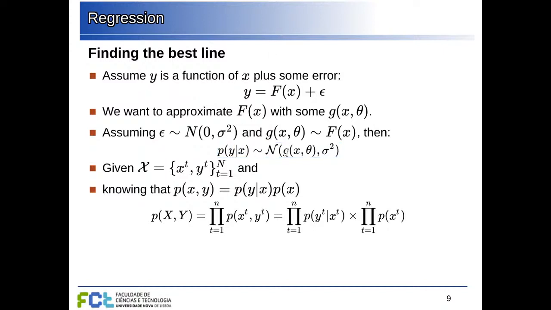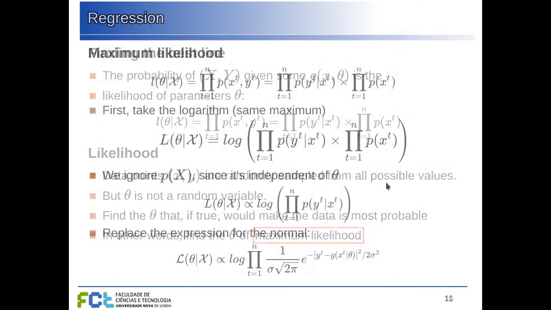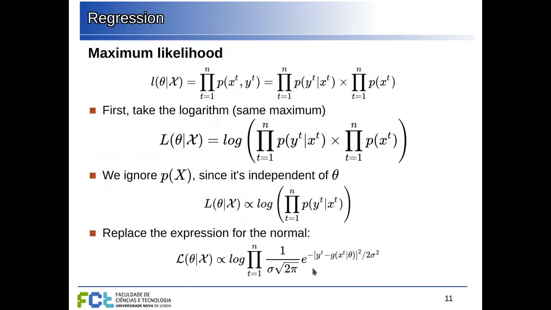So if we get the formula for the normal distribution and replace here, this is what we get. And now we have this variance here, this pi, and so on. And all these are constants that we can just ignore, because all we want is the value of theta that maximizes this. So we don't need to carry those constants around, just the part that is actually changing.